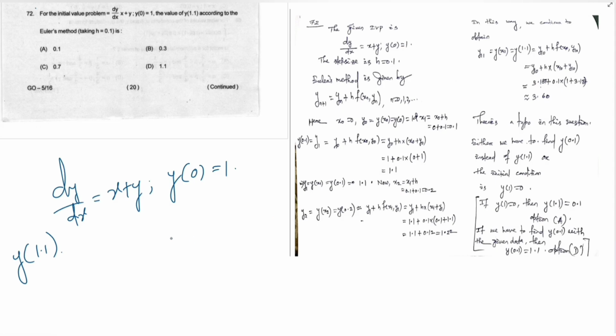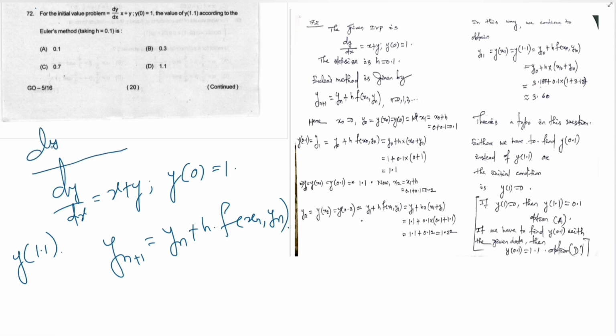So Euler's method is given by yn plus 1 equal to yn plus h into f of xn comma yn. So if we compare the given differential equation with the standard form, that is derivative of y equal to f of xy, then here you can see f of xy is x plus y.